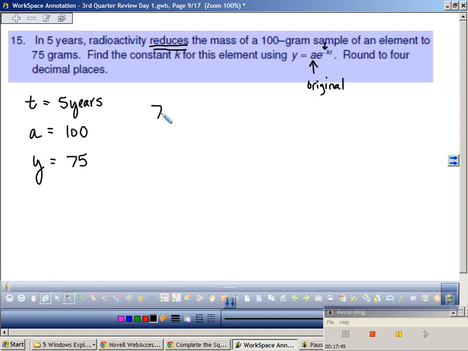Yes. So I have 75 equals 100 e to the negative k times 5. So how would I solve that? Divide by 100, which is 3/4, equals e to the negative k 5. Ln of both sides.